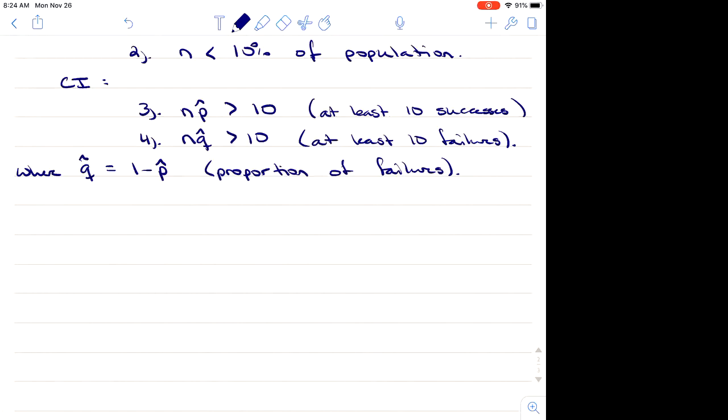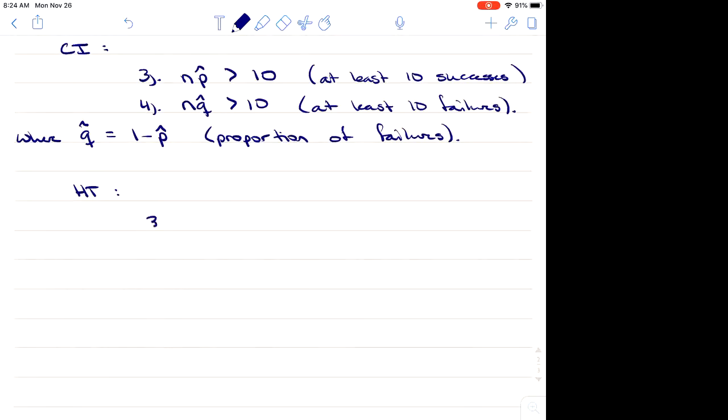Okay. For hypothesis testing, so formal hypothesis testing, the third condition that we check is that n times p naught is greater than 10.